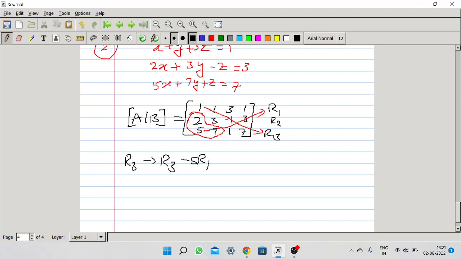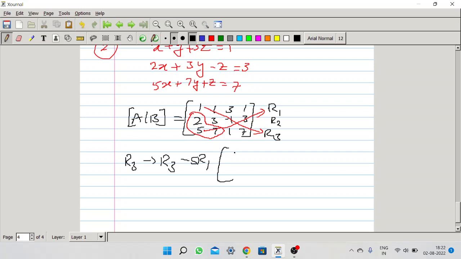Here, because both the signs of the elements are the same, I'm just subtracting so that the element 5 will become 0. If the signs are different, we can add so that the element will become 0. That is the difference why I am doing subtraction or addition.